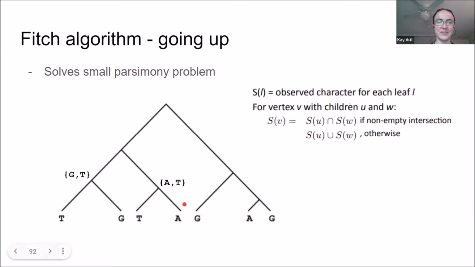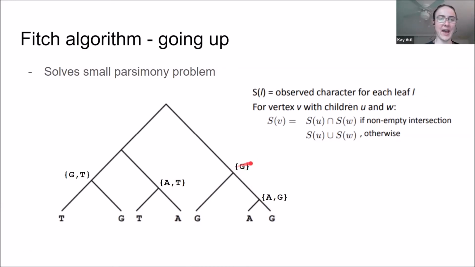You project that up to the vertex. It's either an A or a G. You project that up to the vertex. Here is where it starts to get interesting. And say, okay, the common ancestor here, I don't know what it is. And this is a G. So I'm going to say, all right, the intersection of all the things that it could possibly be is no longer empty.